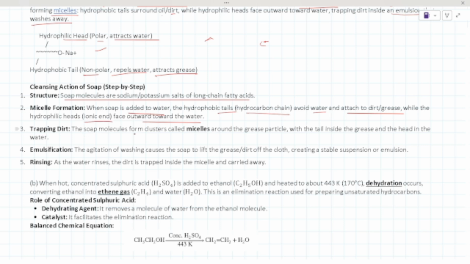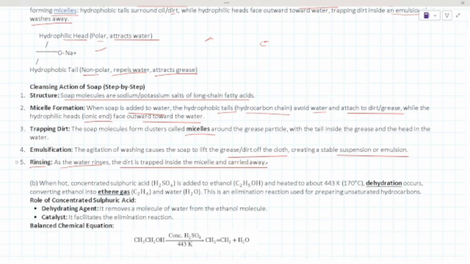Soap molecules form micelles around the grease particle. The tail hides, the head stays in the water. Emulsification: the action of washing removes the dirt from the cloth, creating a stable suspension. After that, rinsing: as the water rinses, the dirt trapped inside is carried away.